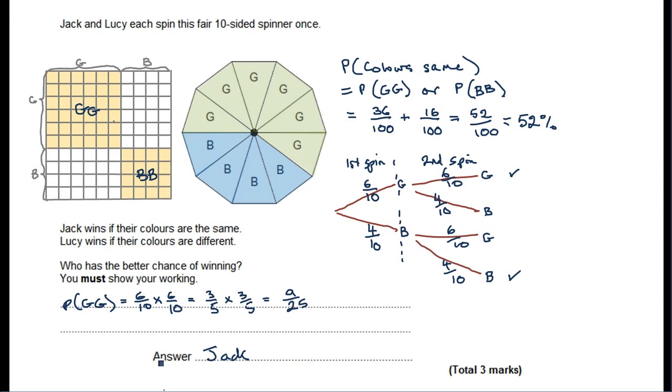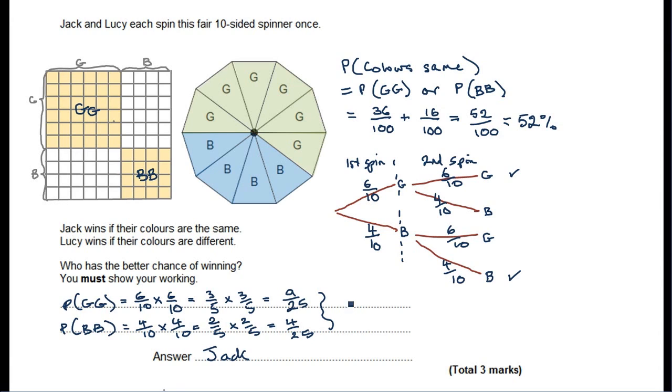Now we need to do the other pathway here. So we've got the probability of blue, blue. And that's going to give us 4/10 this time, times 4/10, or to make our calculation easier, 2/5 times 2/5, giving us 4/25.